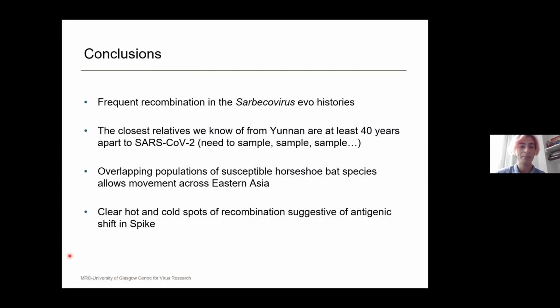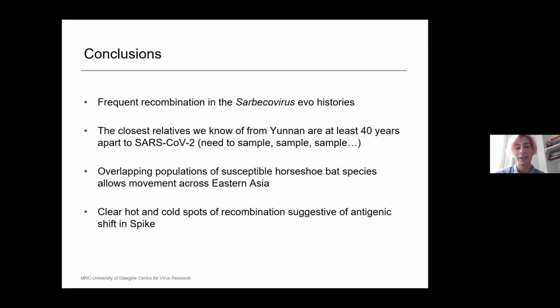Right. So the takeaway points are that there is very clear frequent recombination in the evolutionary history of these sarbecoviruses. The closest relatives of SARS-CoV-2 we know of is this Yunnan clade, but we estimate that these shared a common ancestor with SARS-CoV-2 about 40 years ago. So we're still lacking the proximal ancestor of SARS-CoV-2, and what we need to do is obviously sample.